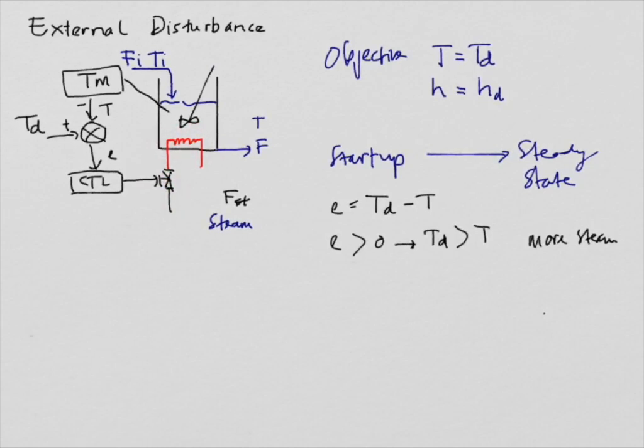In contrast, when we get an error less than 0, what does it mean? Tt is lower than T. What will we do when Tt is lower than T? T is above our target, so we have to reduce the flow rate of steam.